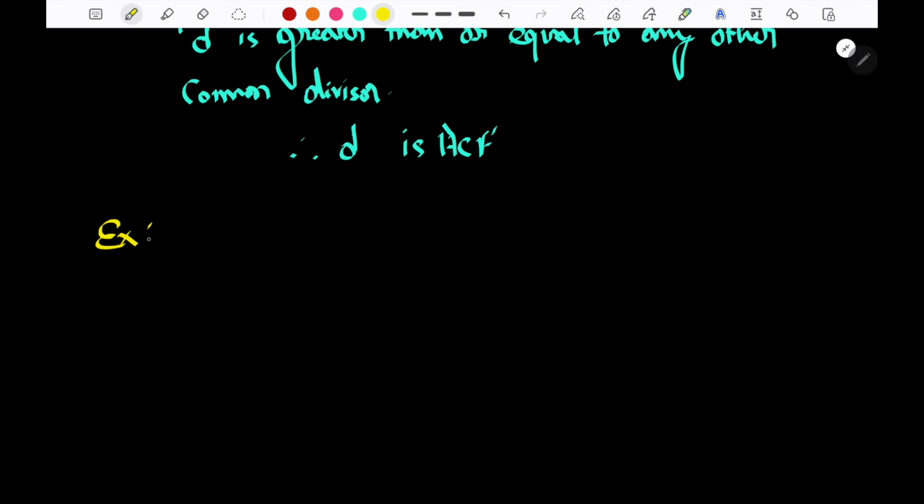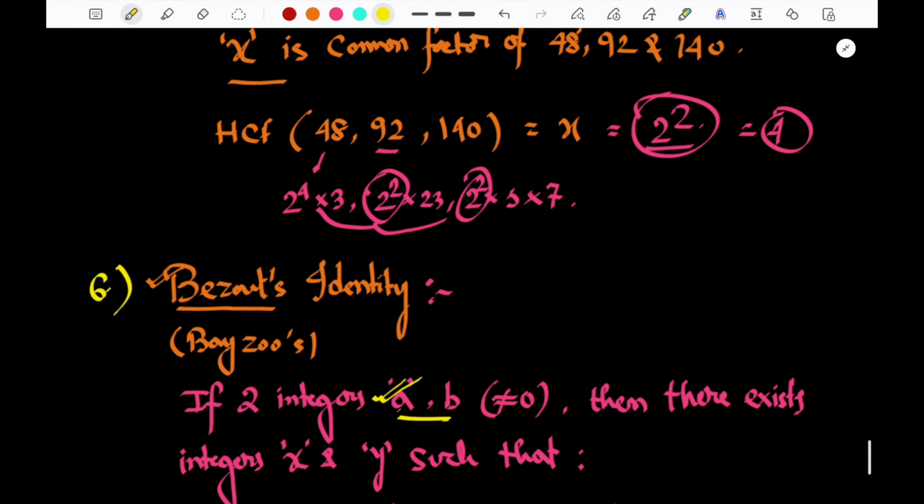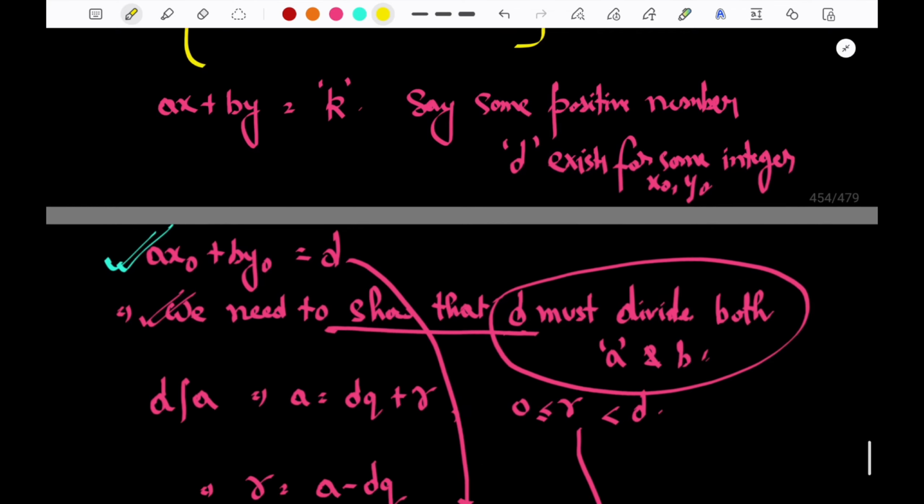Now we can verify this. How? With an example. Let's see whether this identity holds true or not. What we have seen is Bezout's identity: if there are two integers a, b, then there exist some integers x and y such that ax plus by is always equal to the HCF of a, b. Let's check whether it is possible or not.